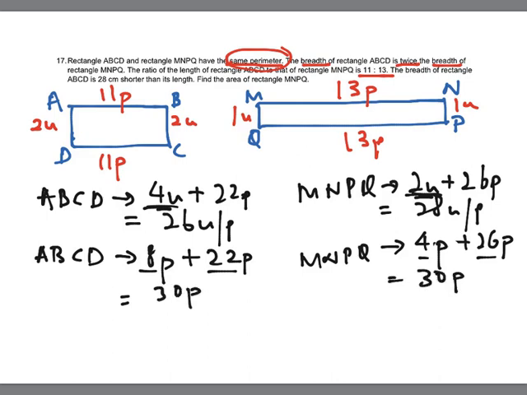So that means to say my perimeters are the same. So I'm going to make use of the last piece of information. It says that the breadth of the rectangle ABCD is 28 cm shorter than its length. So this will change.